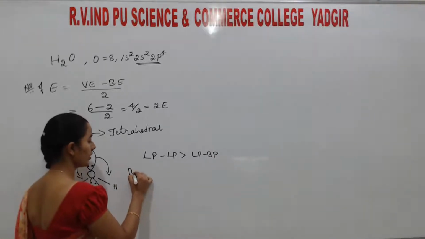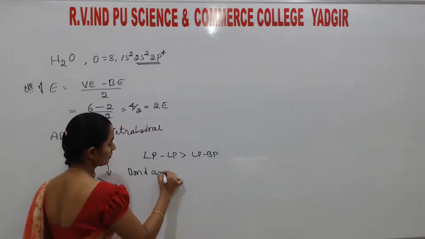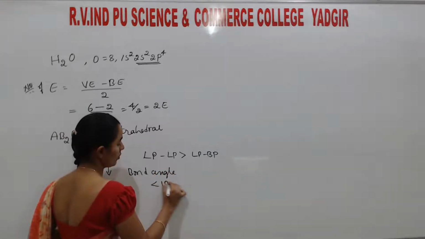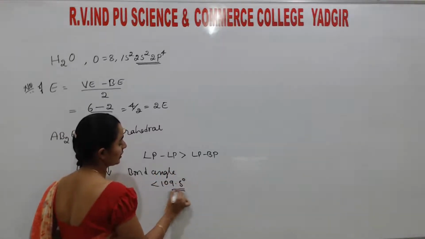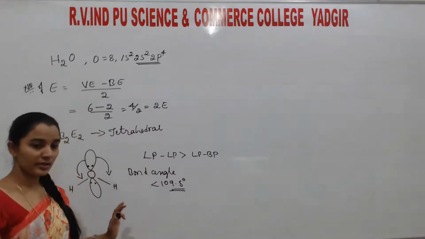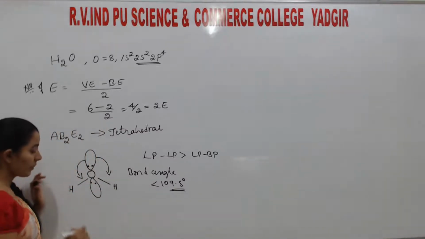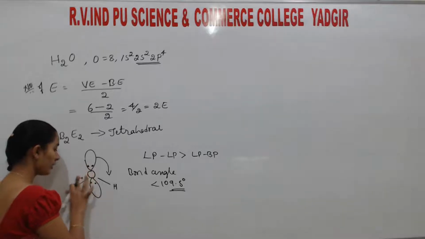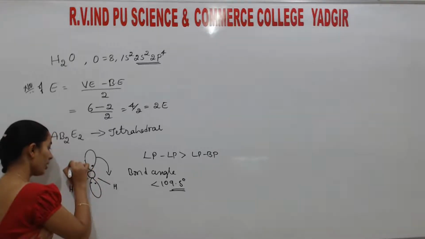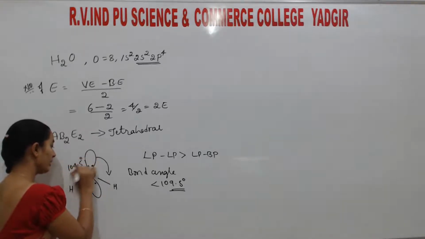Of course, the bond angle here is also less than 109.5 degrees. If you write this much, that is enough for your convenience. But actually, students, the bond angle between these two is 104.5 degrees.